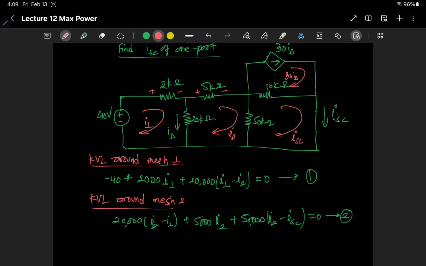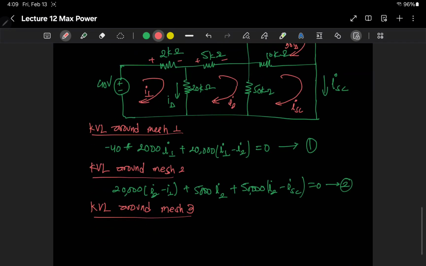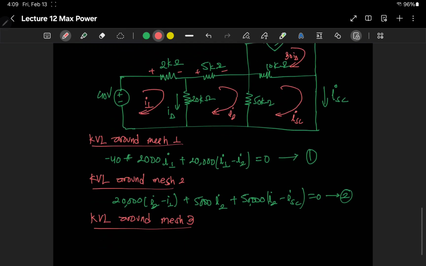And now we write the KVL around this ISC loop, mesh 3. KVL around mesh 3 is 50,000 times ISC minus I2, plus 10,000 times ISC minus 30 I delta, because that is the current coming from here.